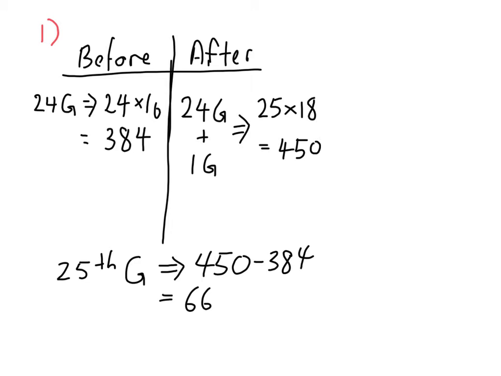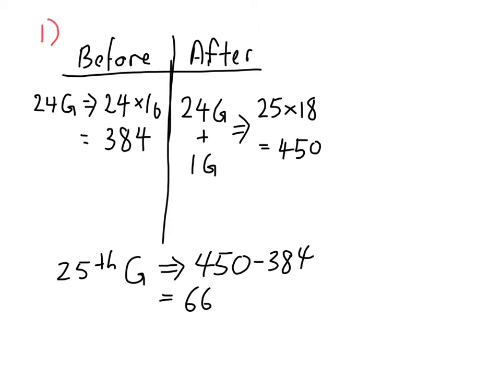Okay, so now we read the question again. The number of boys to girls who had just joined the game was in the ratio of 5:6. So guys, what do I mean? That means 5 plus 6 equals 11 units. 11 units equal to 66.